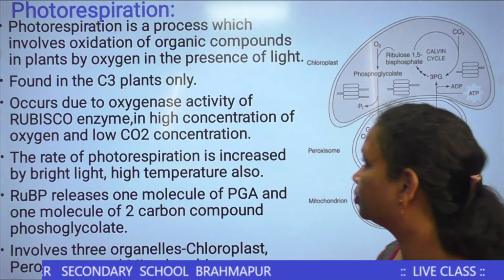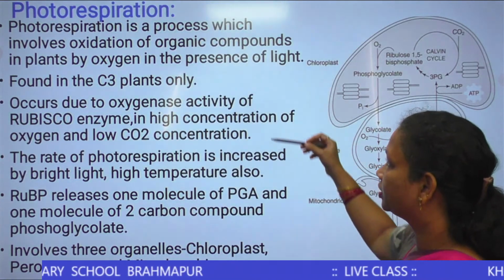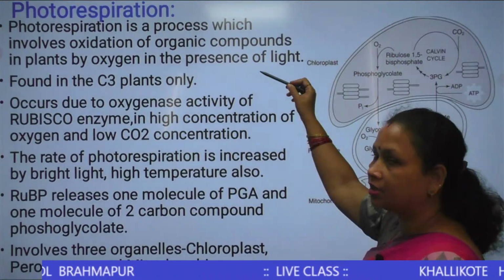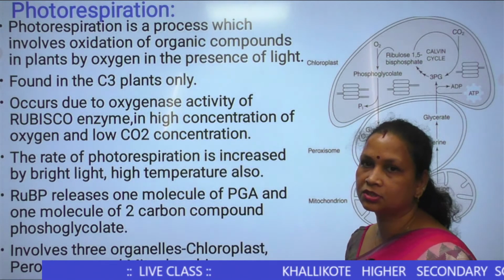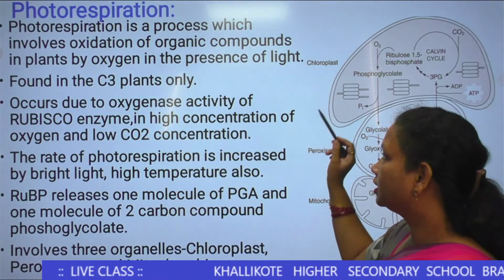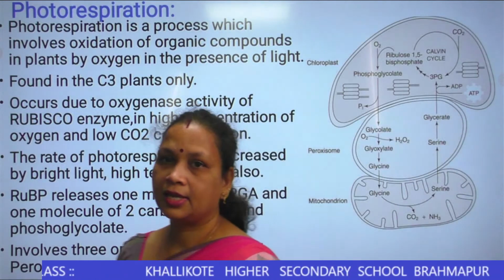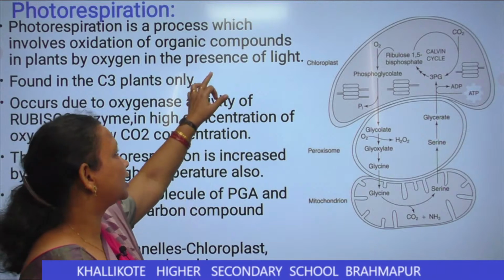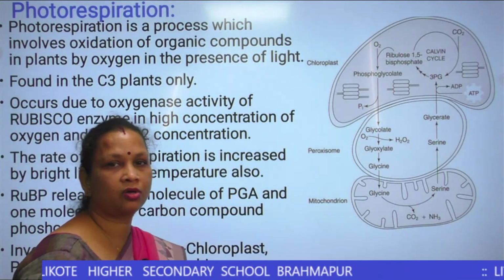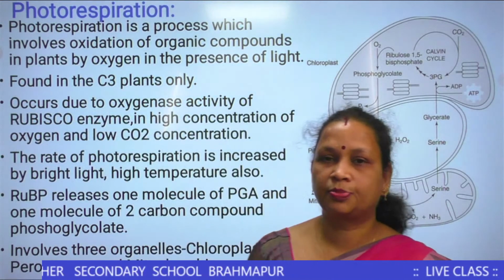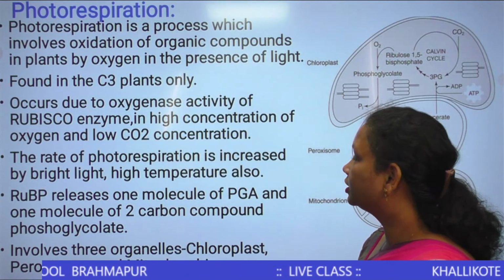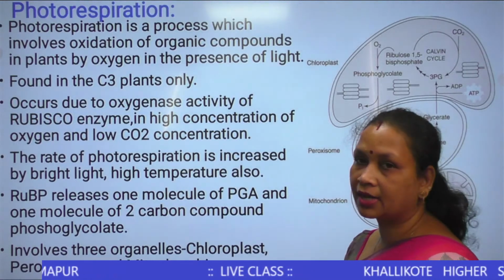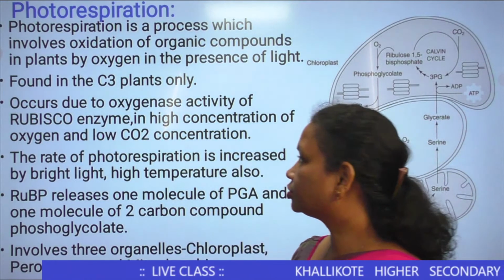So, what is photorespiration? Photorespiration is a process which involves oxidation of organic compounds in the plants by oxygen in presence of light. Photon is light and respiration is breakdown of organic compounds, so this phenomenon is called photorespiration.